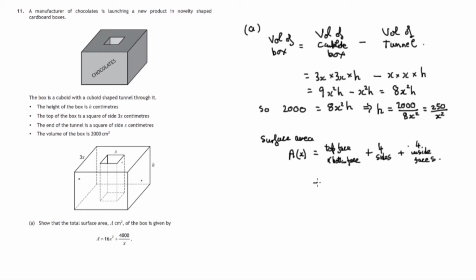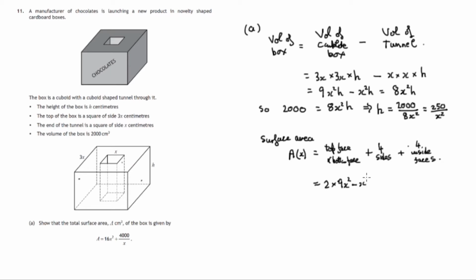So let's do this. Top face, bottom face, they're both identical, so there's 2 of them. The large square would be 3x times 3x, that's 9x squared, minus x squared, the hole in the middle, x times x.